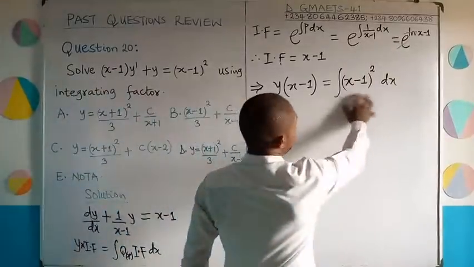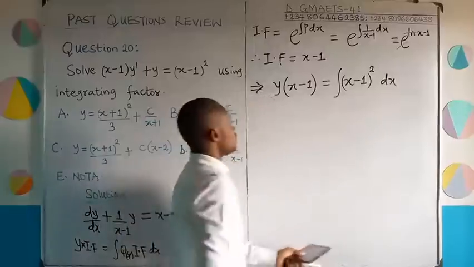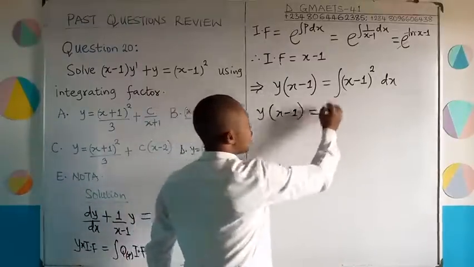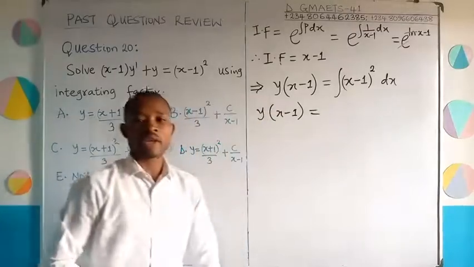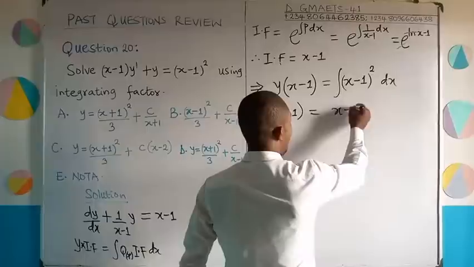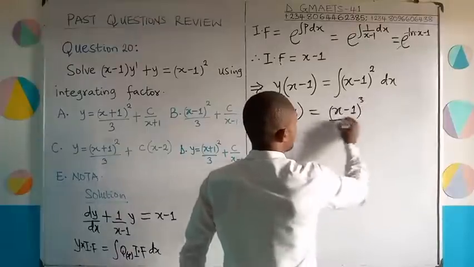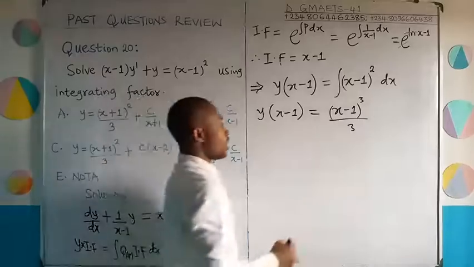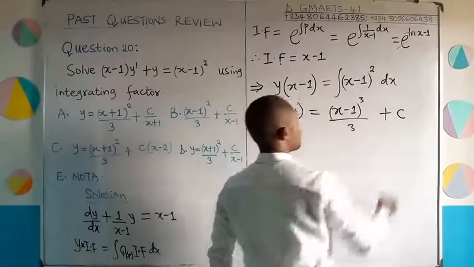Our work now is simply to integrate this part, which gives y times (x minus 1) equal to the integral of (x minus 1) all raised to the power 2. Simply add 1 to the power and divide by the power. So we get (x minus 1) raised to the power 3 over 3. I'm done integrating, so I put the constant of integration.